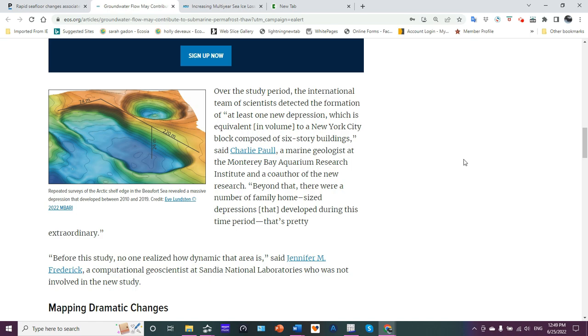But you couple this work with the work that Natalia and Igor have done, and you can start to get a better handle on not only the rate at which the thawing is occurring, but you get an estimation of the volume and therefore how much methane gets actually released.